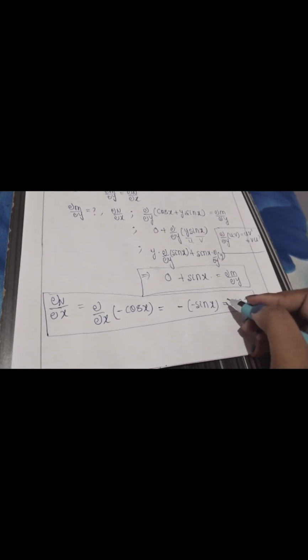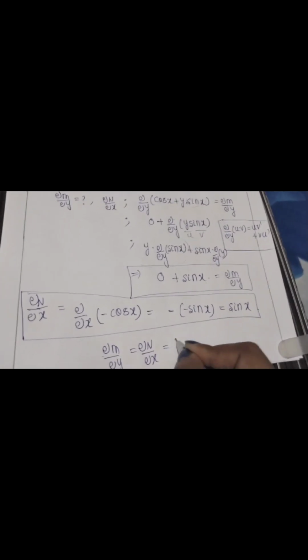So let's start comparing dou N by dou x and dou M by dou y. Here dou N by dou x is sin x and dou M by dou y is also sin x. 0 plus sin x is sin x. So here we got dou M by dou y is equal to dou N by dou x, that equals sin x.